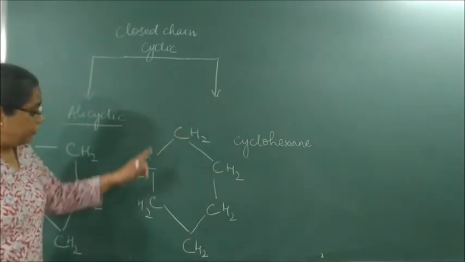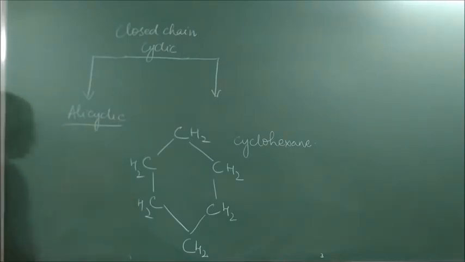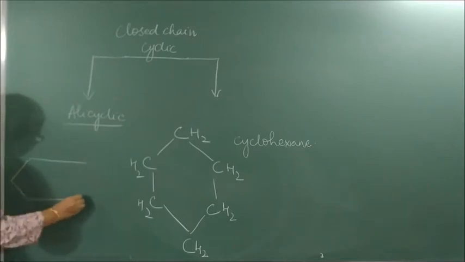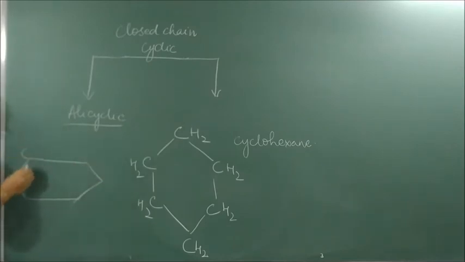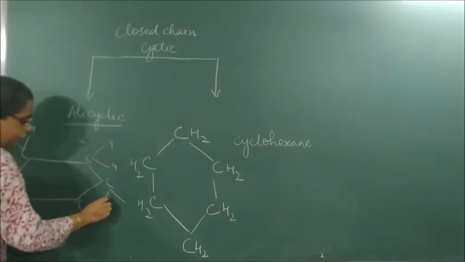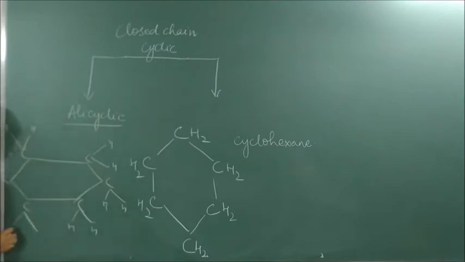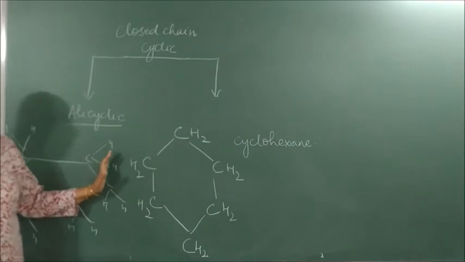Fine. Now the ring which I have made upright, in your textbook they have drawn differently. Look, this is how your cyclohexane is in the textbook, with hydrogens put everywhere. I have not taught it separately, but this is cyclohexane.